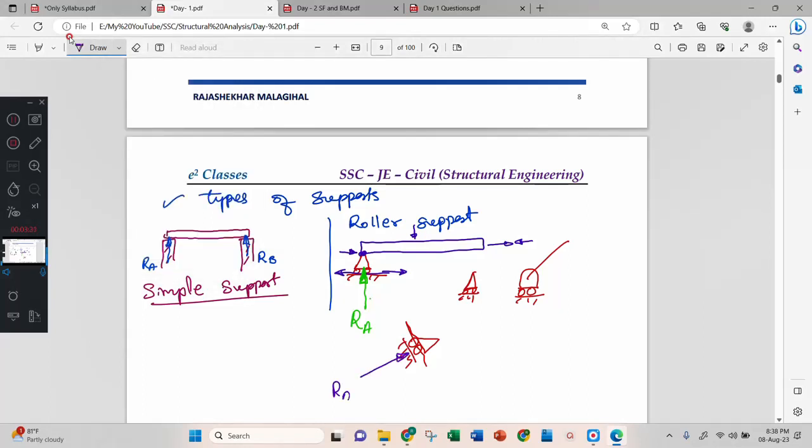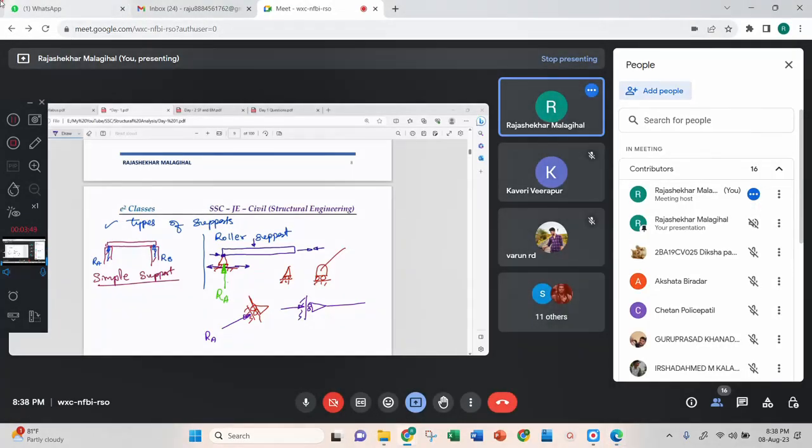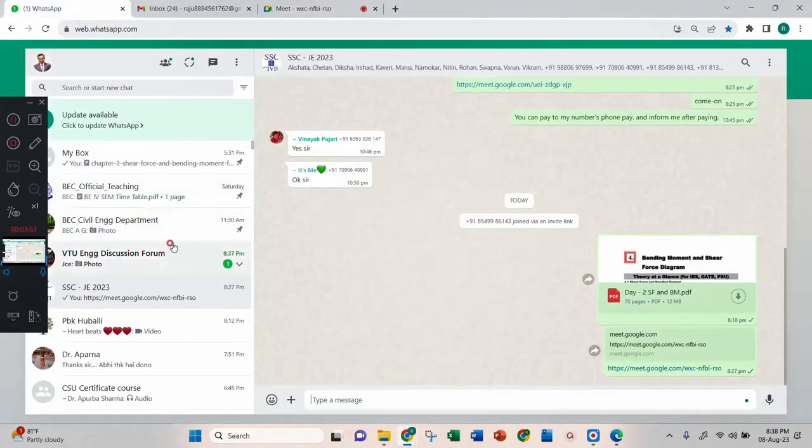That is your RA. Therefore, a support reaction is always perpendicular to the surface. Sometimes, if this is a wall, they will provide a roller support like this also. This is all about roller support.